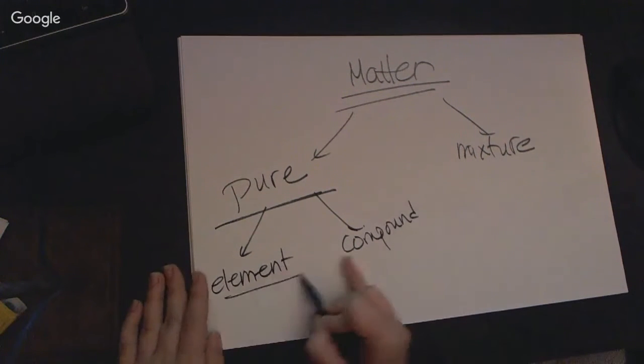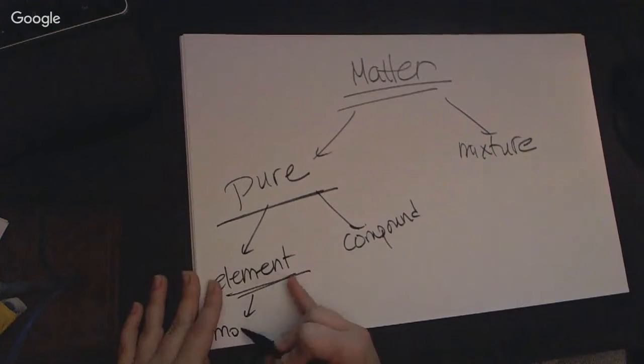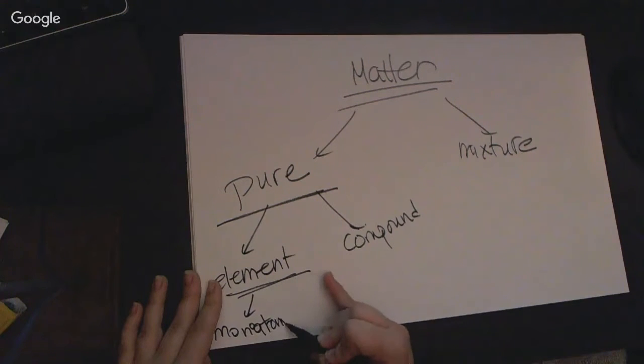Now, elements come in two forms. You can have the monatomic elements, which would look like what we drew first.